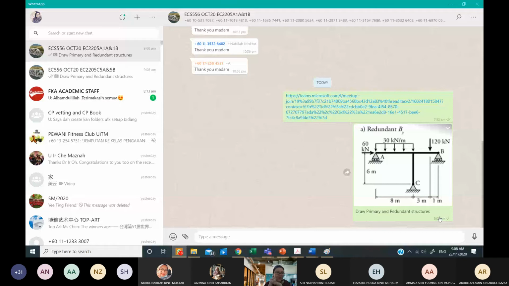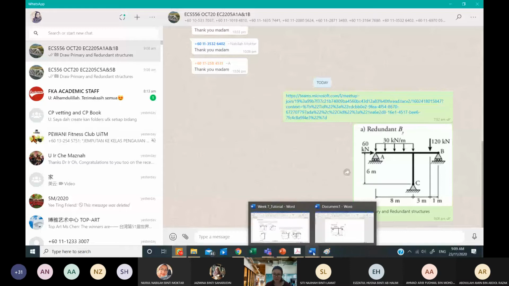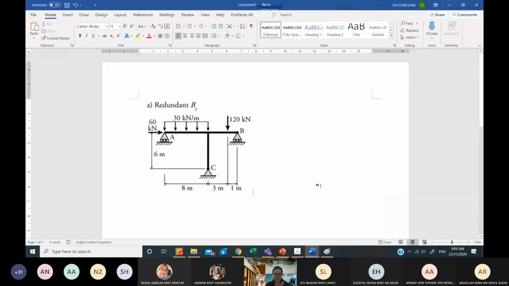I have already put it in the WhatsApp room as well, and of course I'm going to prepare it on the screen too, so you can check your answer. So I'm going to draw the primary structure. The redundants have been given to you. It will be only one, and you take out by.